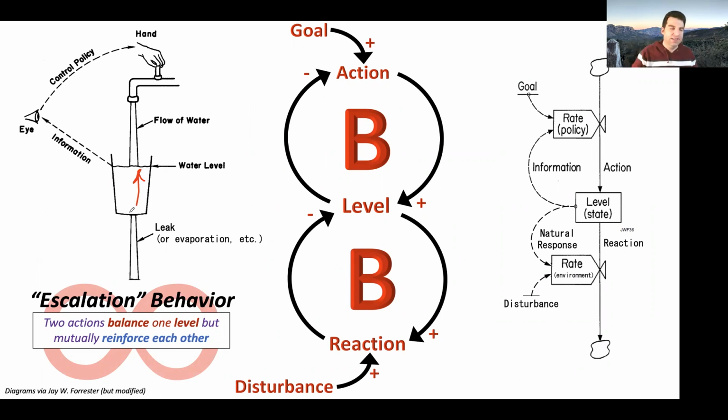So you're going to get more pressure that's going to cause this leak to come out of here. But as the water level decreases more, you're going to get an increased flow of water. So overall, if you've got a policy that's constantly dumping water in the bucket, you're going to be managing to maintain this near some goal level. But it's going to require you to constantly be dumping water in, and there's constantly going to be water leaking out.